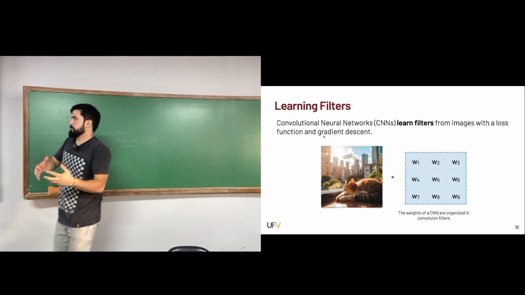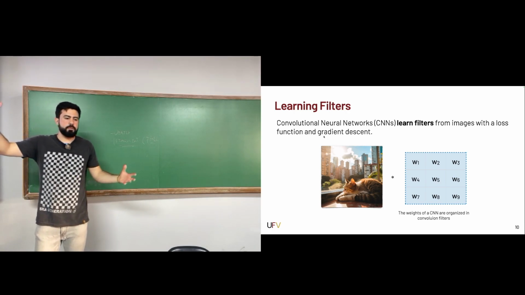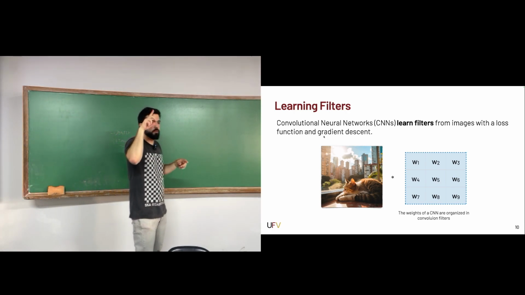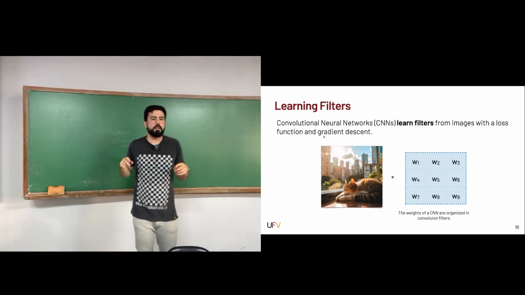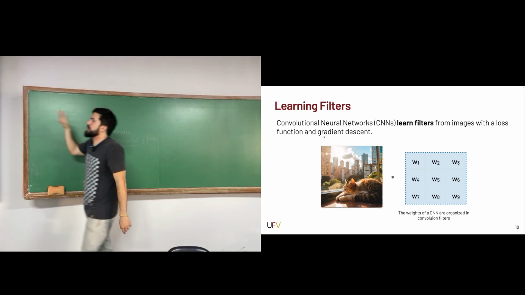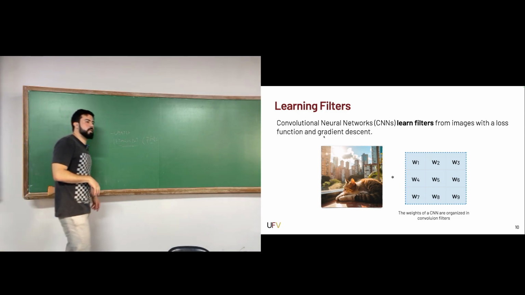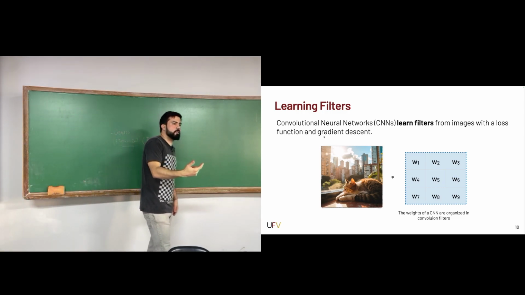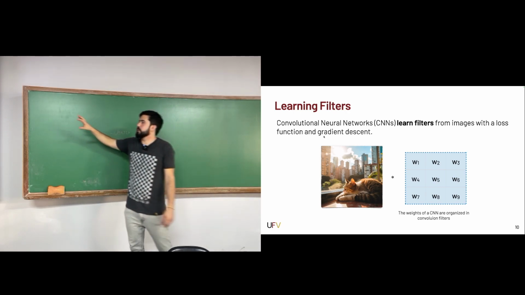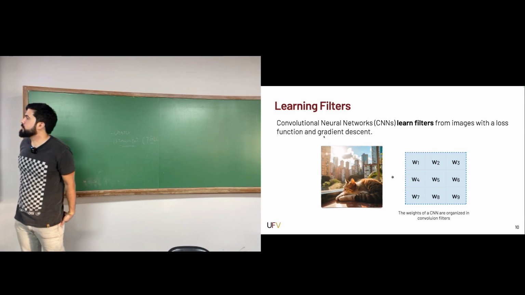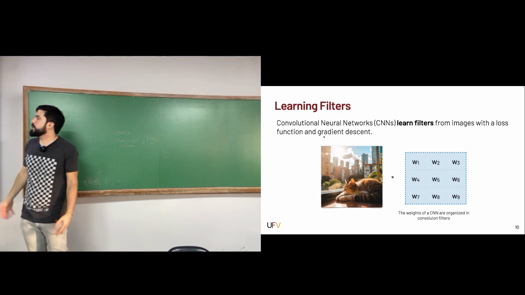I'm going to create a data set with a bunch of images, and label where the objects are, with maybe a bounding box around them. And I want my network to learn these weights for me in a way that minimizes the loss. So at the end, I don't have to come up with these weights to process images or to solve any particular problem.